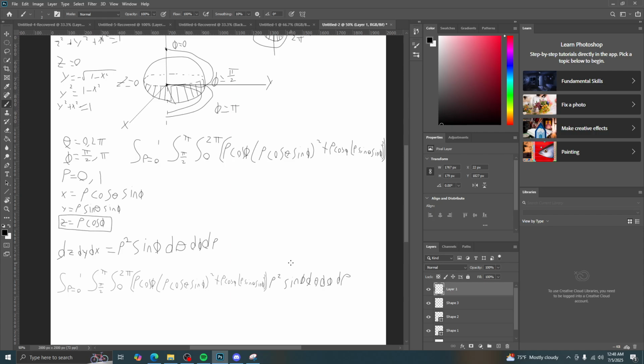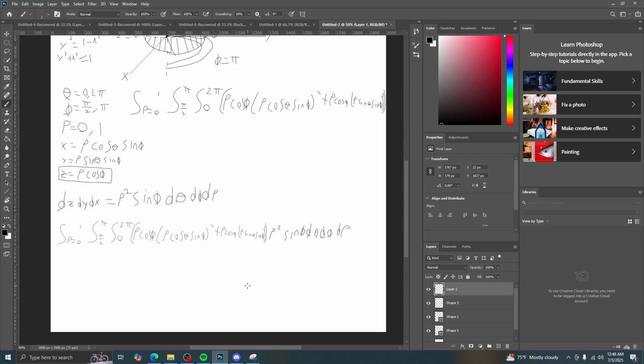Okay. Now, what we're gonna do is simplify what's in the parentheses here, and then we can distribute this rho squared sine phi after the fact. But first, let's just simplify what's in the parentheses.